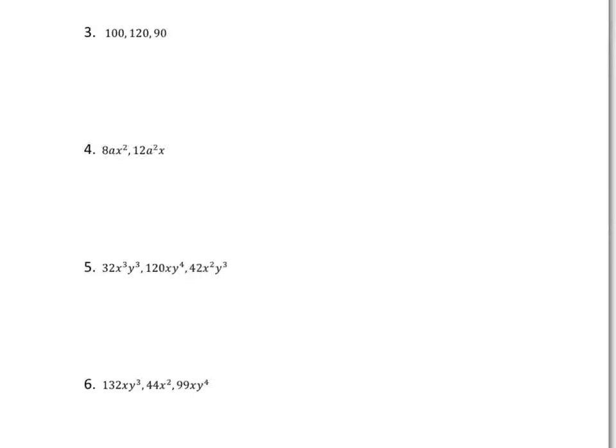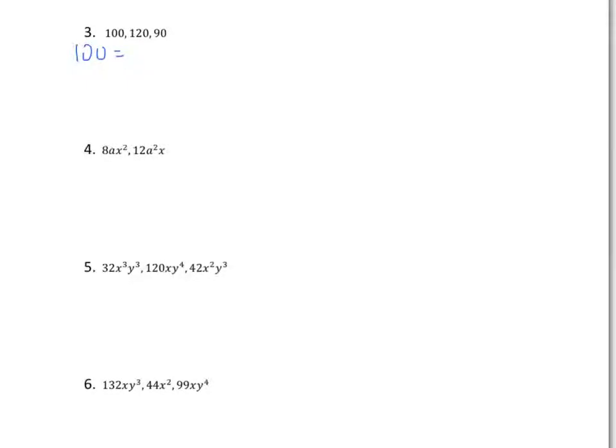Now, a little bit bigger numbers here. All right, for a little bigger numbers, you're going to do literally the same process. All right, we got to break them down. Okay, 100's very easy. We've got 10 squared. You guys could do this part on your own.